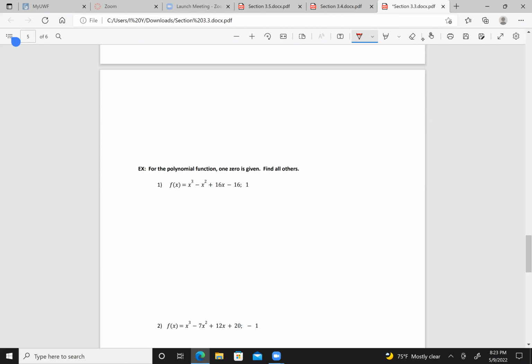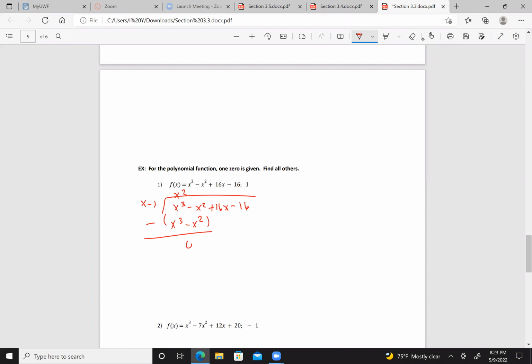For the polynomial function, 1 zero is given. Find all the others. So we're back to the same thing. We're given 1, so x minus 1 is a factor. Bring down our x cubed minus x squared plus 16x minus 16. We have x squared gives me x cubed minus x squared.